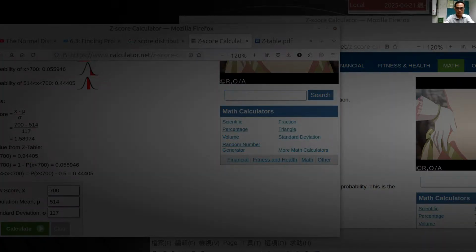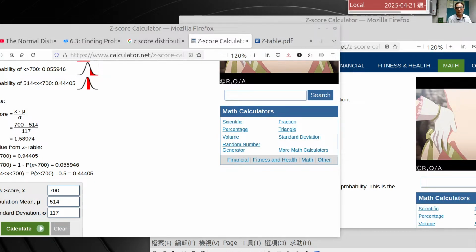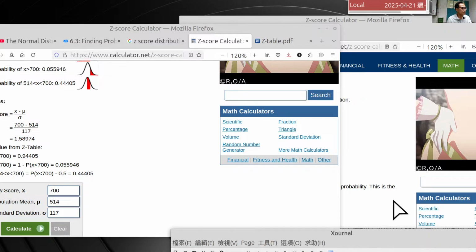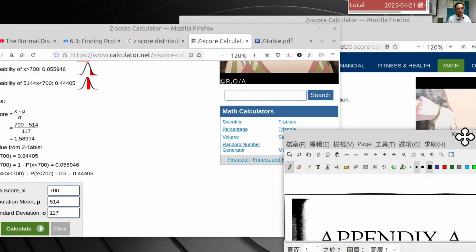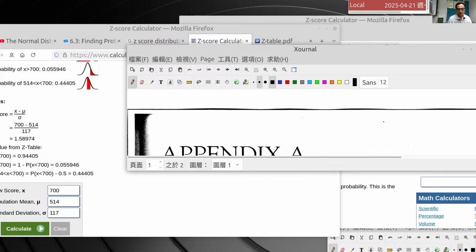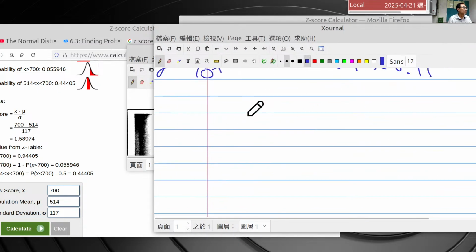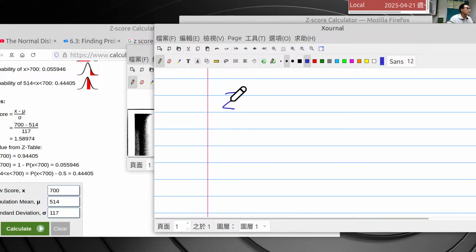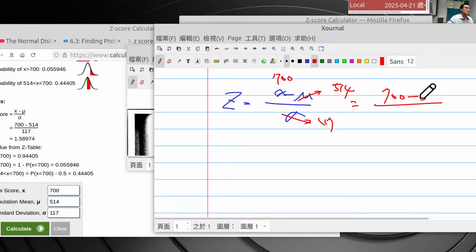First of all, the z-score, according to my handwriting, I prefer to use a small z, equals x minus mu divided by sigma, and here x is 700, and the mu is 514 according to the question, and here sigma is 117, thus that is 700 minus 514, divided by 117.